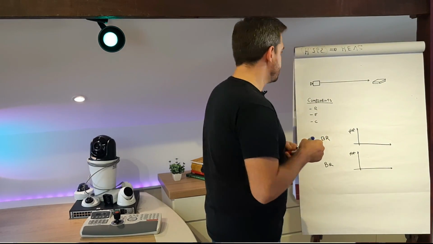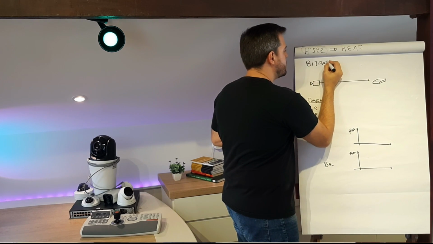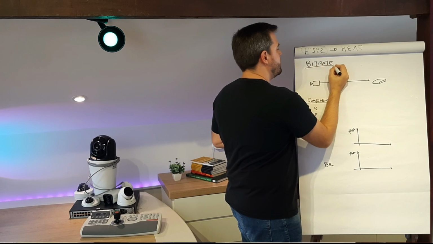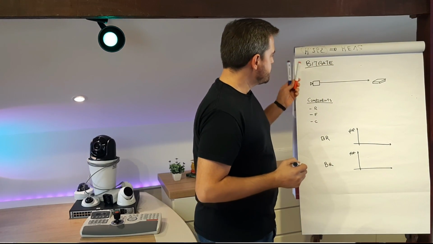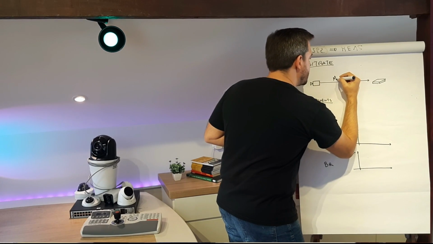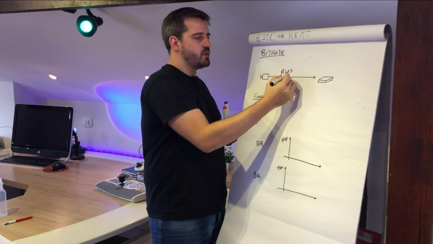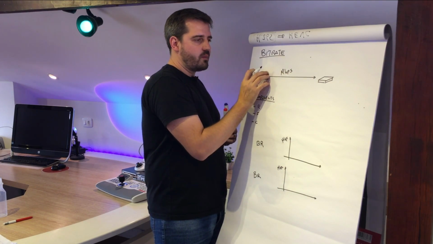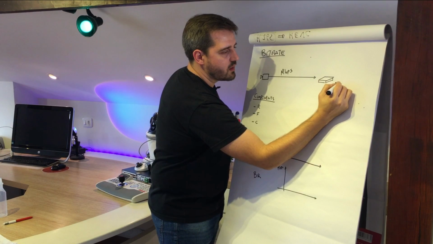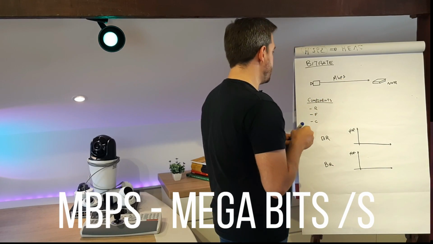So let's talk about bitrate. Bitrate is basically the information that goes from the camera to the NVR, measured in megabits per second.